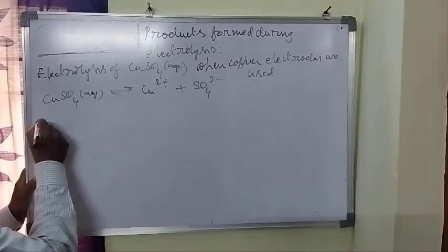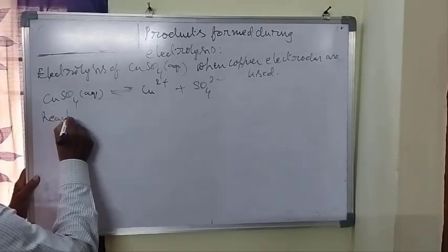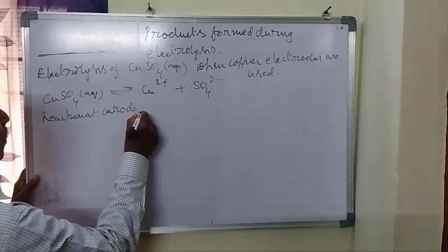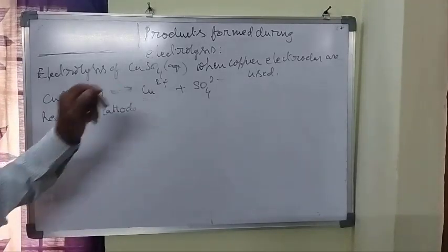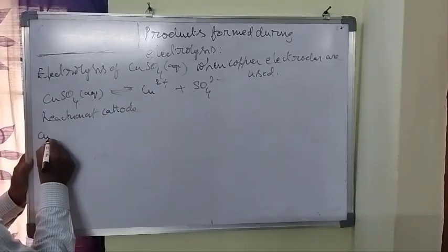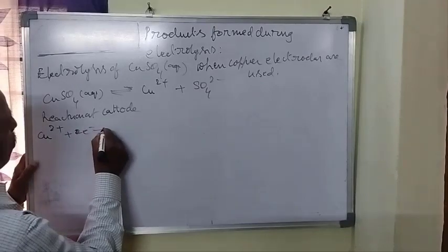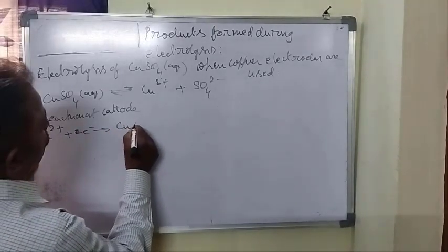Now, reactions at cathode. So cathode means generally copper ions reach the cathode. Cu2+ plus 2 electrons gives Cu solid.